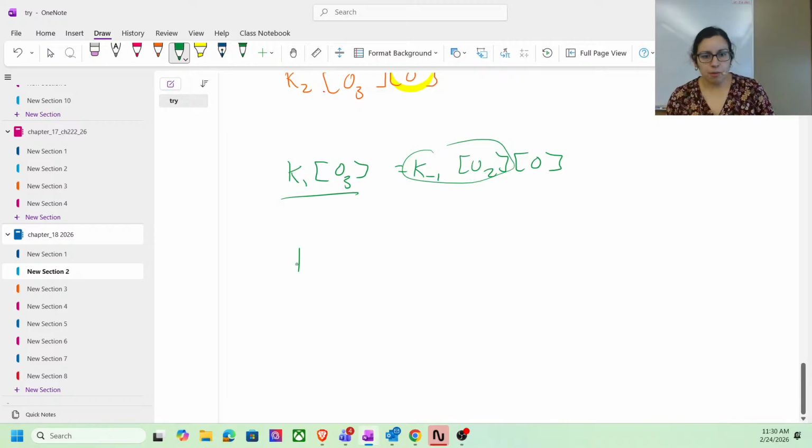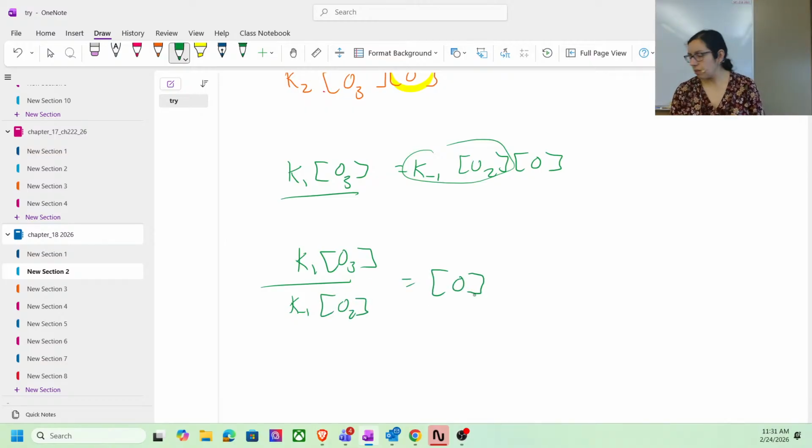I'll rewrite it: K1 times O3 divided by K negative 1 times O2. That gives us our substitution for our oxygen radical. And then now we can just substitute this in.